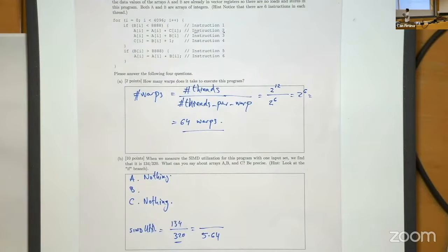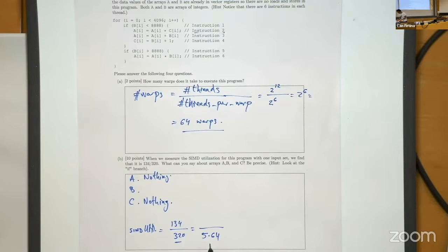But if I have 64 threads in each warp, the maximum number of operations per warp and per instruction would be 64, right? So 320 is 5 times 64. I'm going to assume here as well that all warps are doing exactly the same. That's usually the normal thing in these kinds of exercises.